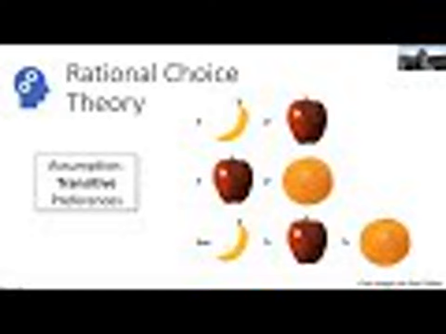Now the orange bundle down here has less potassium and less fiber than both the apple and the banana. And so we refer to the orange bundle as being dominated by either of the other two fruits, because the apple is better in both dimensions and the banana is better in both dimensions.